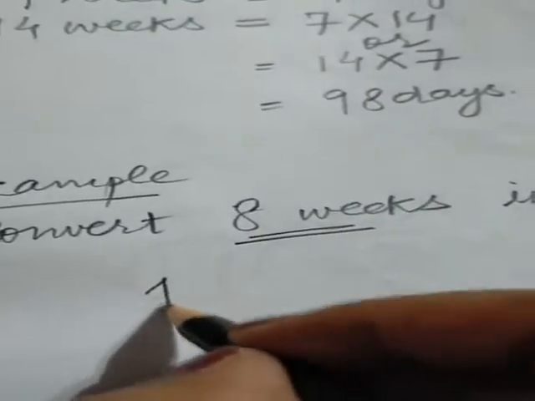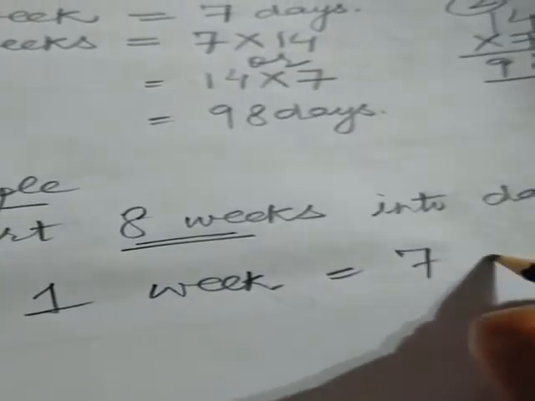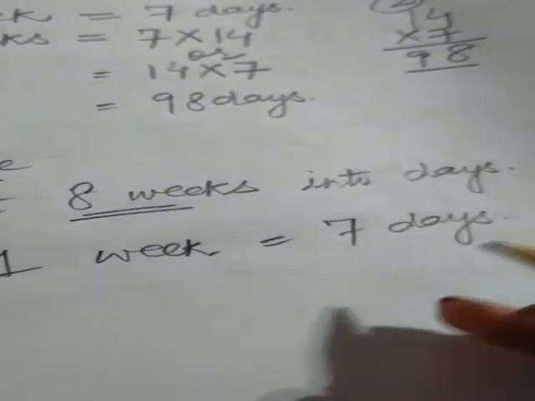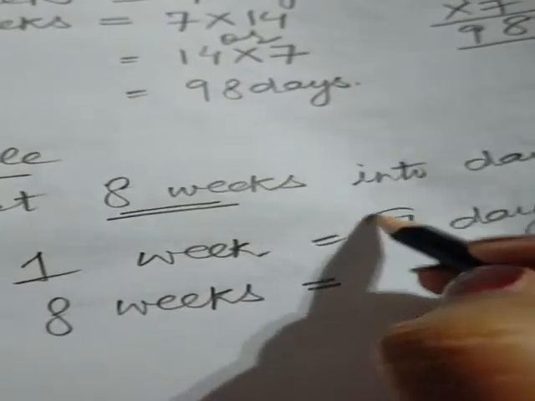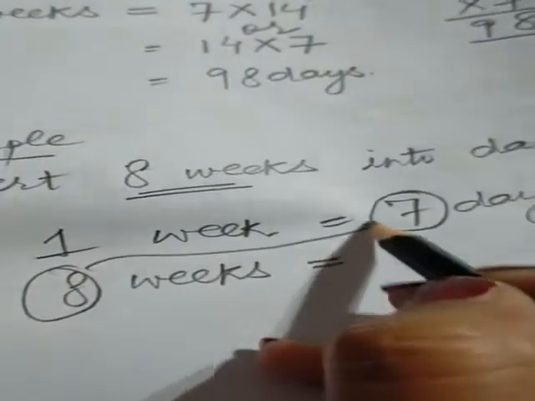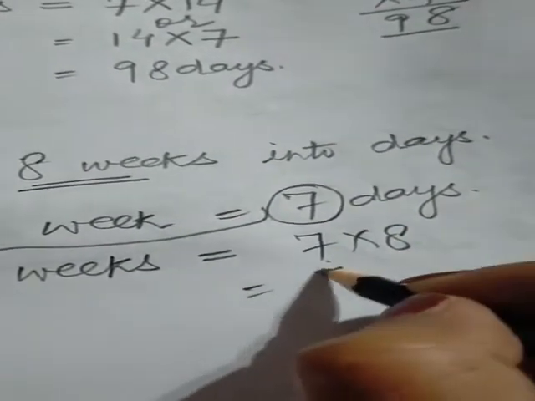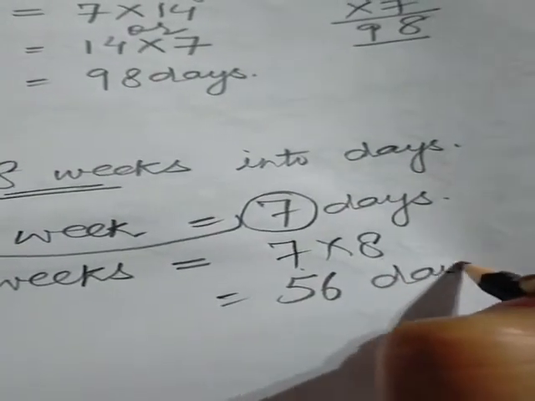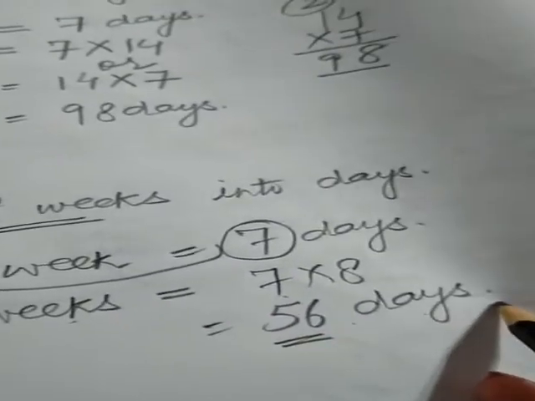Now 8 weeks are there, but firstly we will write 1 week. 1 week is equal to 7 days, and 8 weeks is equal to this 7 and this 8. These both will be multiplied. 7 multiplied by 8, 7 8s are 56 days. Yes, now in 8 weeks there are 56 days.